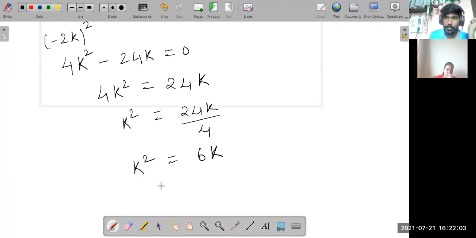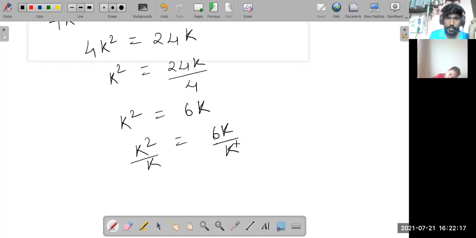So what can be done? Divide the entire thing by k. Yes, you can do that also. So k square upon k is equal to 6k upon k. The k's cancel, so k is equal to 6.